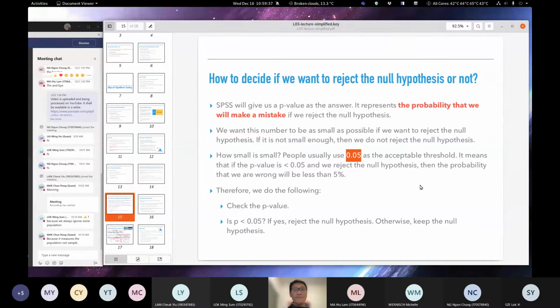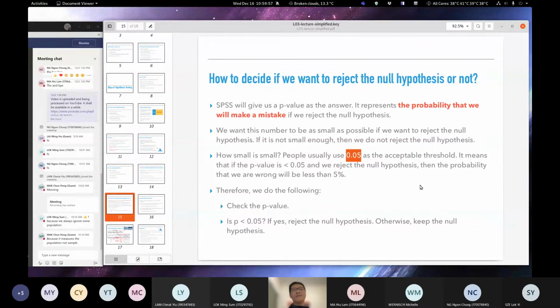So it is okay if there is a 1% probability that I am wrong, but I cannot tolerate anything more than that. In that case, people might be using 0.01 as the reference value.